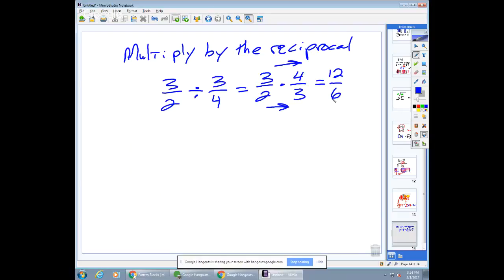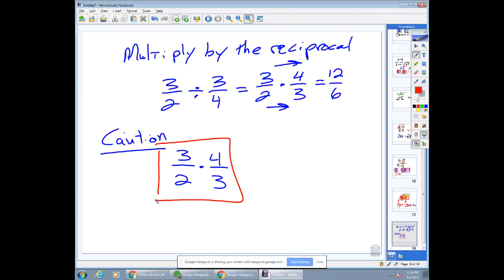Super caution. You guys are used to taking something like 3 halves times 4/3. So caution. Is there anybody that would manipulate this before multiplying?